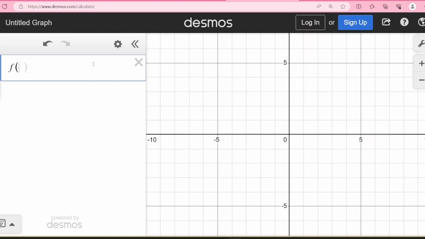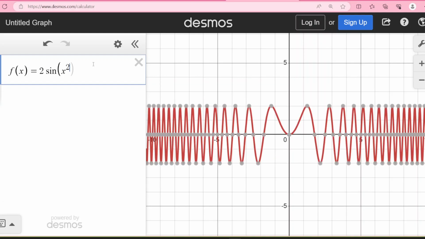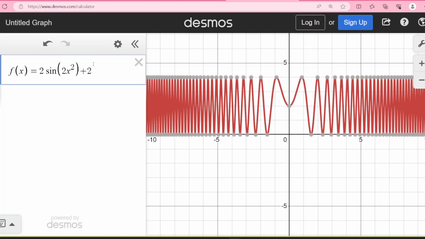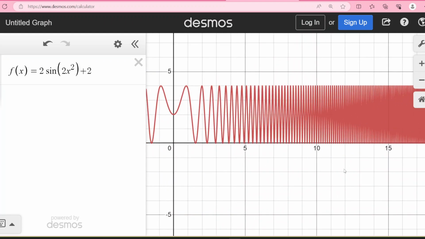And we had f of x or y equals 2 times the sine of x squared. Then, oh, sorry, 2x squared. Again, I forgot that. And then plus 2. So actually, there's more condensing on the outside. My apologies, I switched that up.